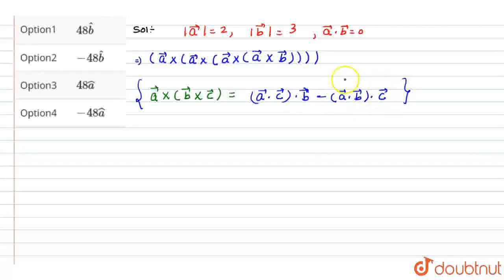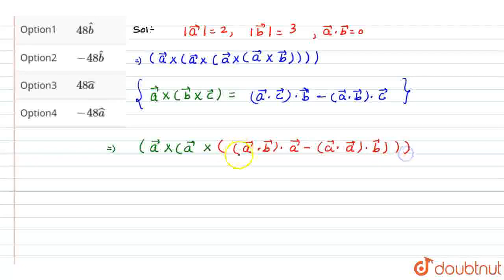Now using this to solve the equation, applying the vector triple product method on A vector cross A vector cross B vector, we get A vector dot B vector dot A vector minus A vector dot A vector dot B vector.